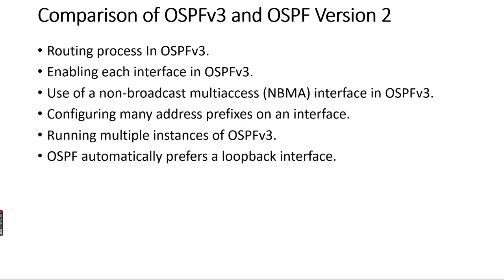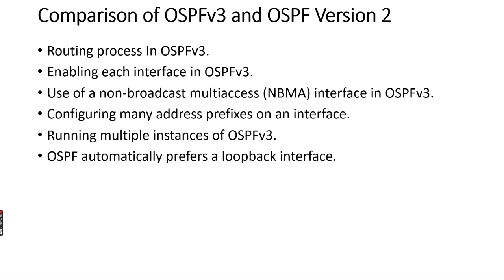And the next difference is in the NBMA interface, which is the non-broadcast multi-access interface. When using this NBMA interface in OSPFv3, you should manually configure the device with a list of neighbors. And when you are listing the neighbors, the neighboring devices can be identified with the device ID. That will be utilized.